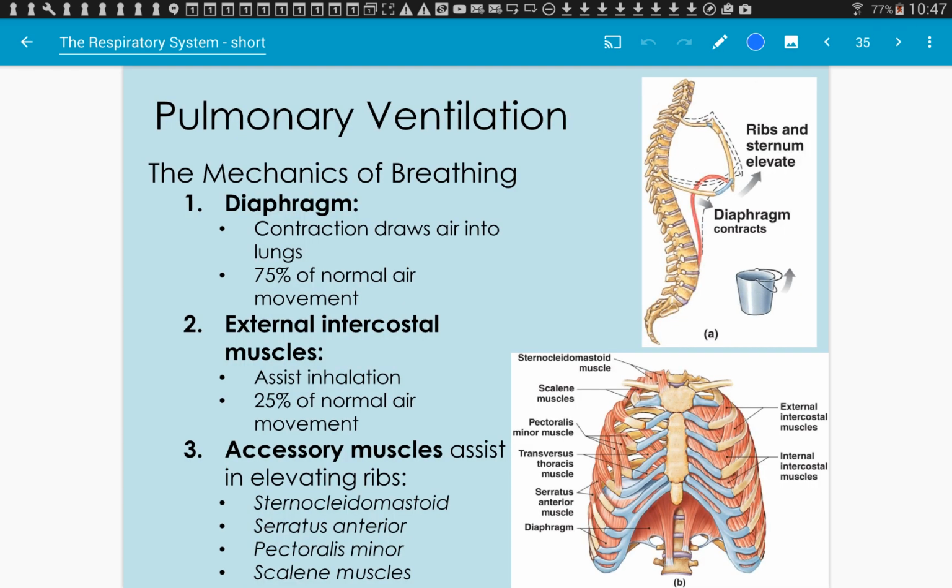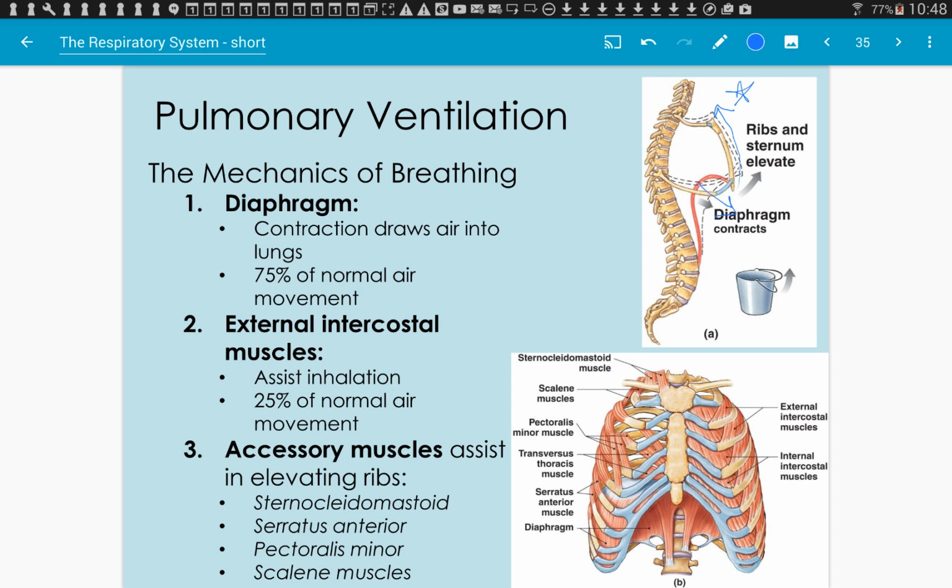All right, so this picture shows a little bit more. This top picture here, at least, shows a side profile. We see our rib cage, and it shows our diaphragm. And so when those intercostal muscles and accessory muscles contract, they lift up the rib cage, and the diaphragm flattens out.